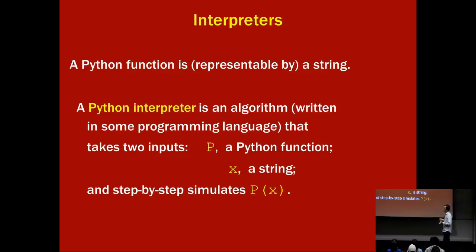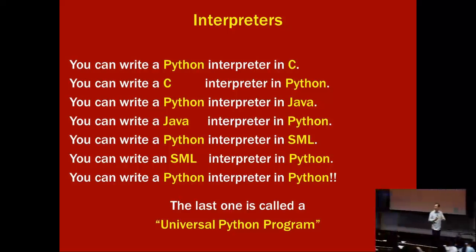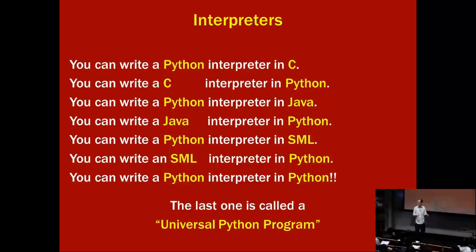Python has a lot of different instructions. It'd be quite intensive to write a Python interpreter, but evidently somebody did it. Apparently they also did it in C. So you can write a Python interpreter in C, and you can write a C interpreter in Python. That's why we felt that C and Python can decide exactly the same languages.